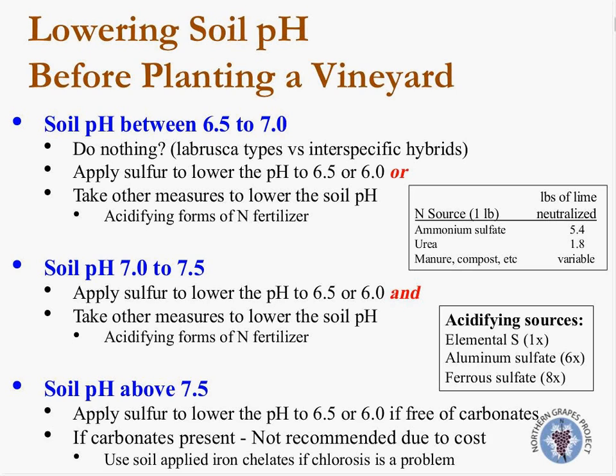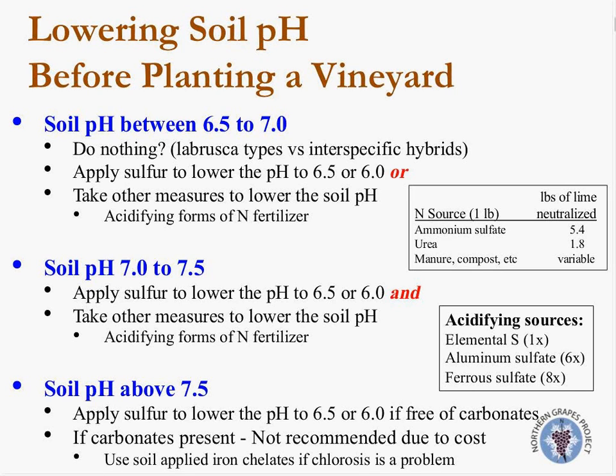However, if you're in that range, you can just use acidifying forms of nitrogen fertilizer like ammonium sulfate and urea. And organic sources tend to be acidifying over time. So if you're in that slightly acid 6.5 to 7 range, you probably don't have to worry too much about it unless you're growing Labrusca types.